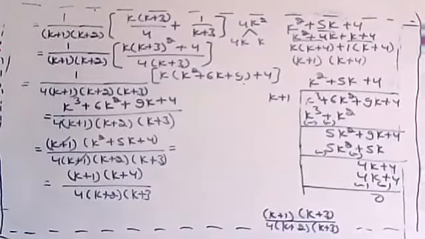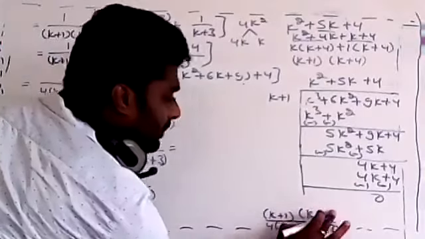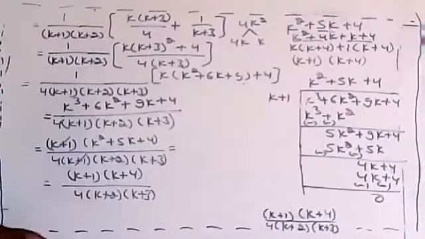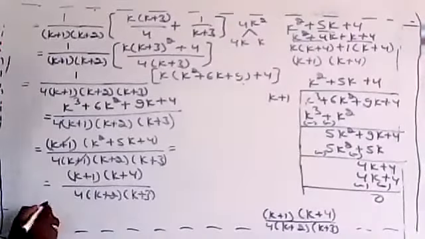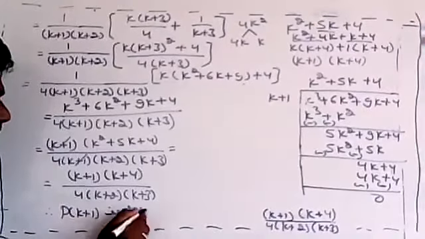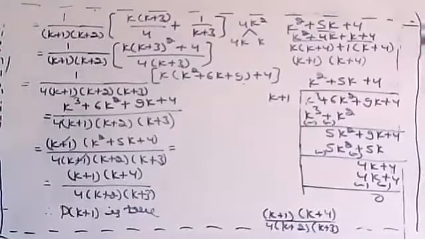Any doubt on this one problem? Sorry, it should be k plus 4 here. You can check that one. Any doubt? So therefore P of k plus 1 is true. Correct? So all the first, second and third cases are clear.